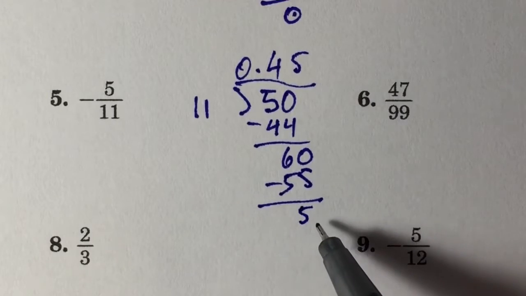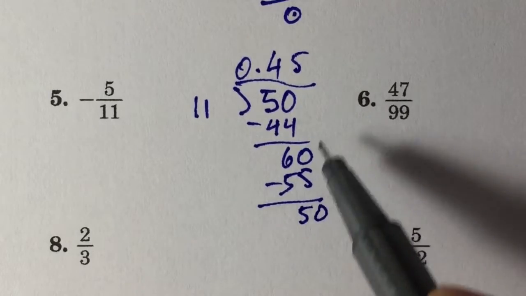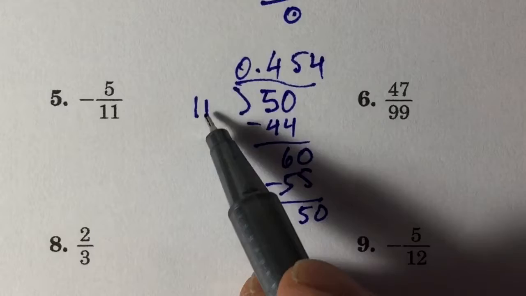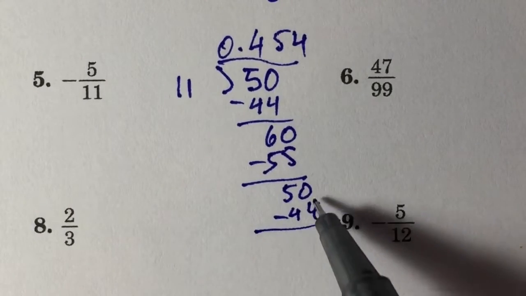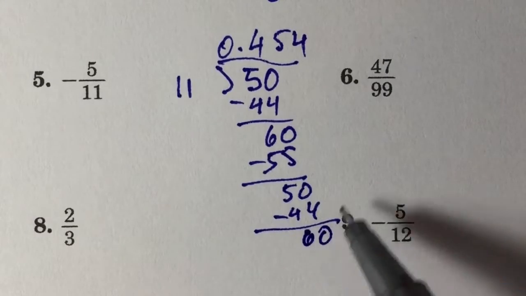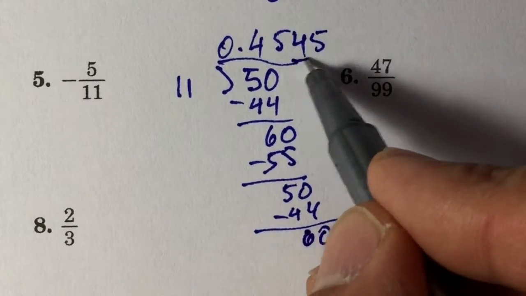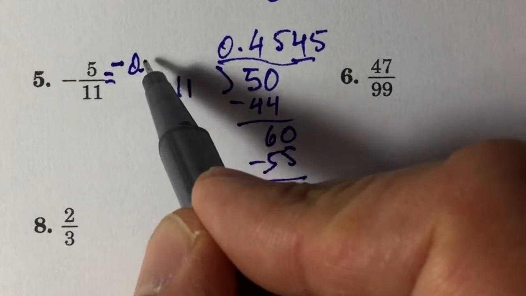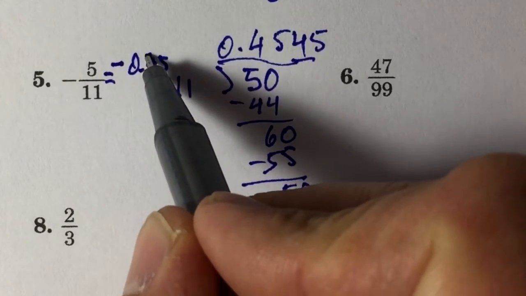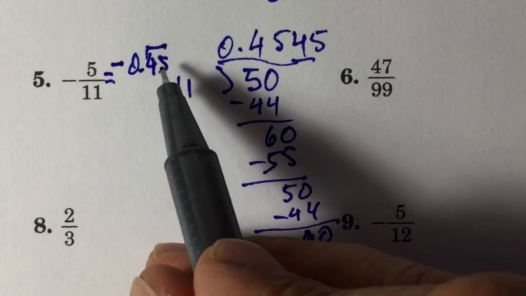Subtract. This is going to be 5. 0. This is going to be 4. 11 times 4 is 44. Subtract again. And I have 6, 0, and this is 5 again. So you see that repeat. So this one I can write as 0.45. And since the 45 repeats, I'm going to put a bar over the 45.